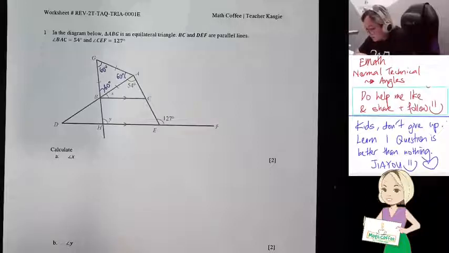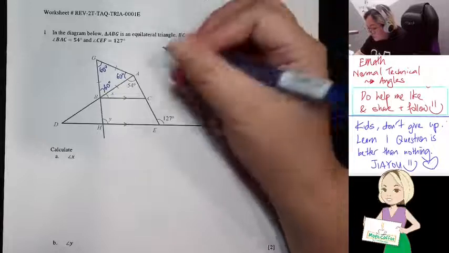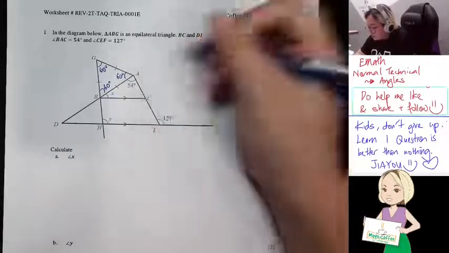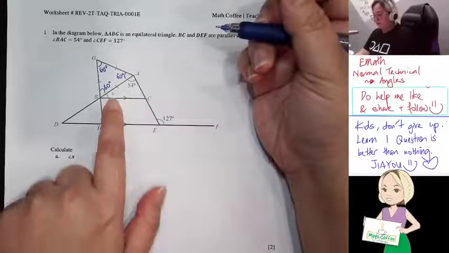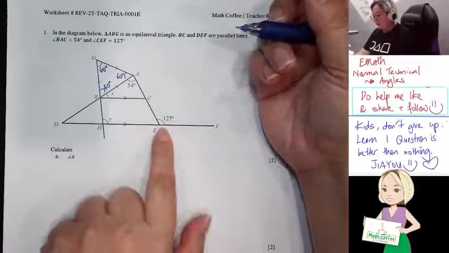Where else? Okay, so over here, let's see. We can do more. Maybe we cannot find this X directly, but look at other angles that I have.